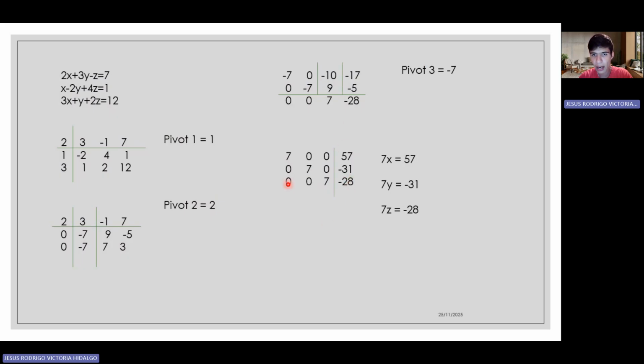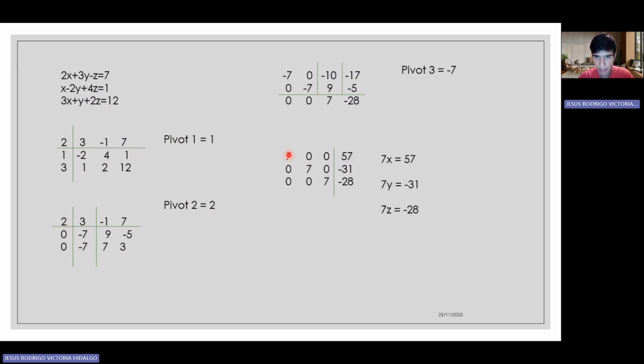And then we get this particular matrix where the diagonal values are 7, 7, and 7, and all the values except the results are zeros. And we get the results, that is 57, minus 31, and minus 28. As we remember, this was the coefficient of x, this was the coefficient of y, and this was the coefficient of z.